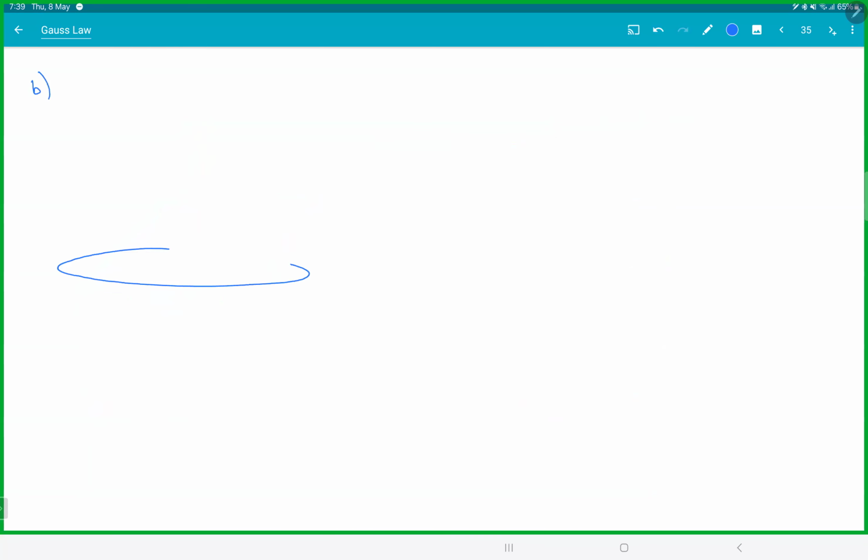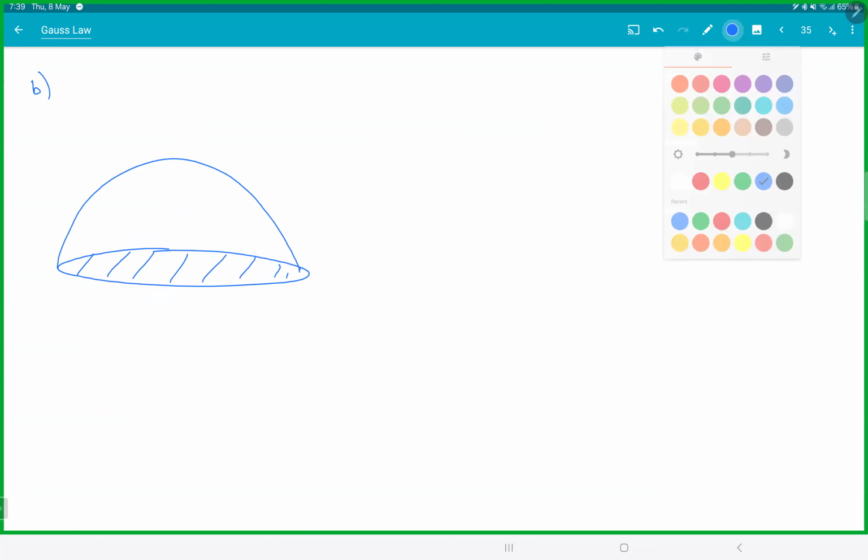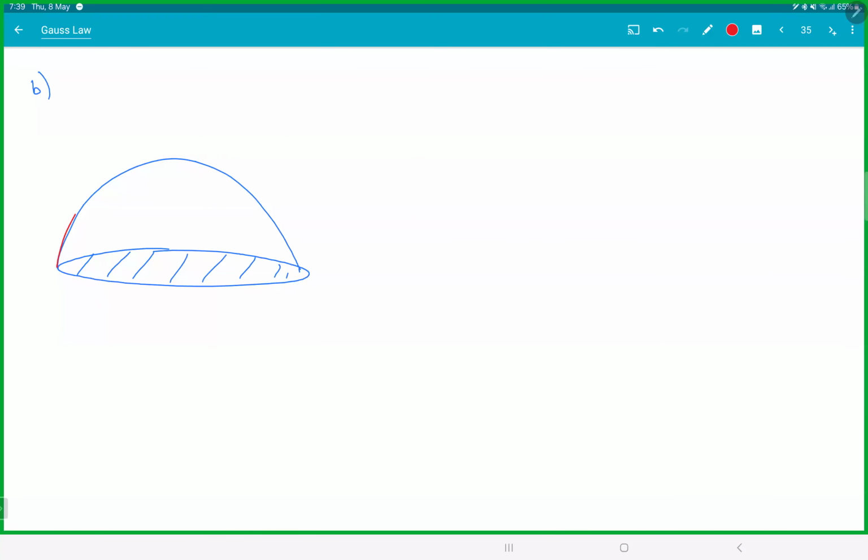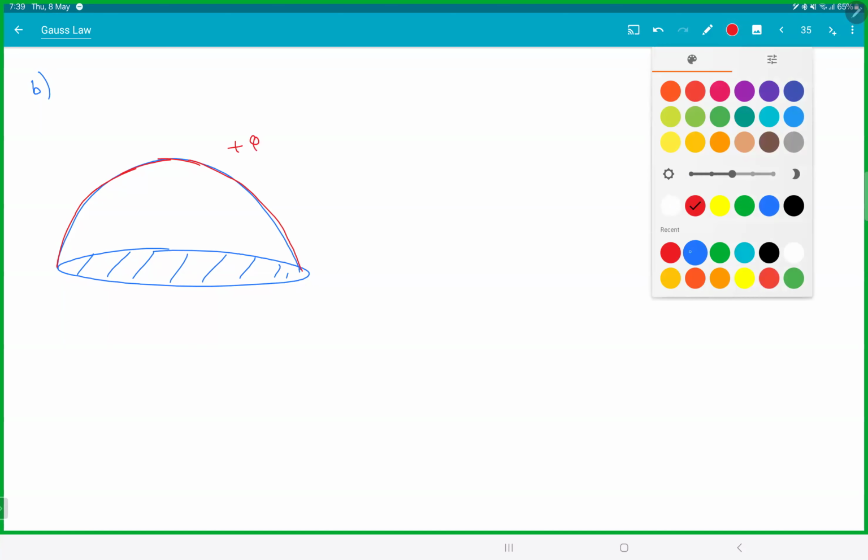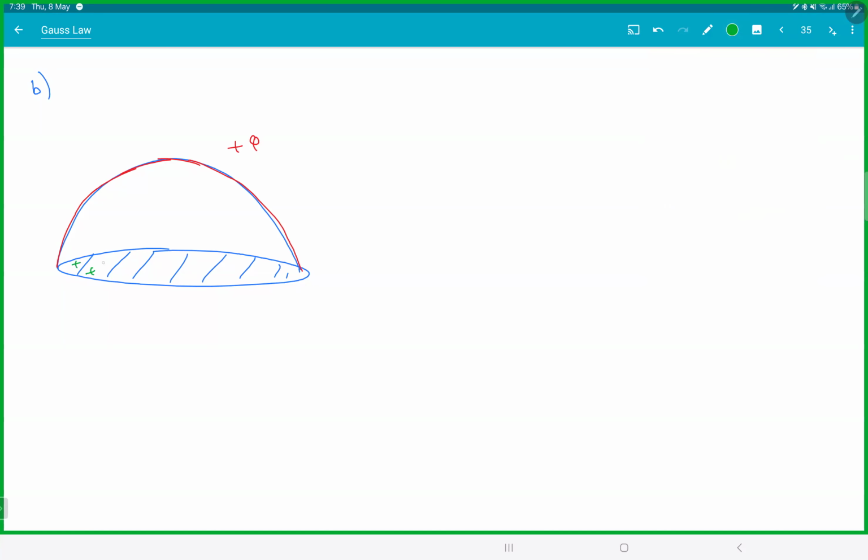Suppose you have a hemisphere with a closed disk. So let's say this hemisphere has charge plus q. This bottom plate is sigma.